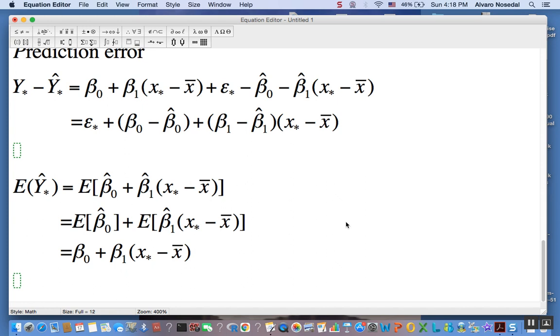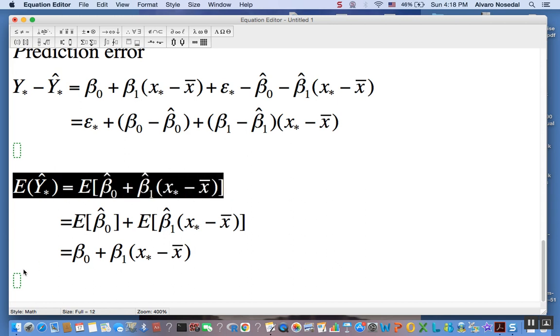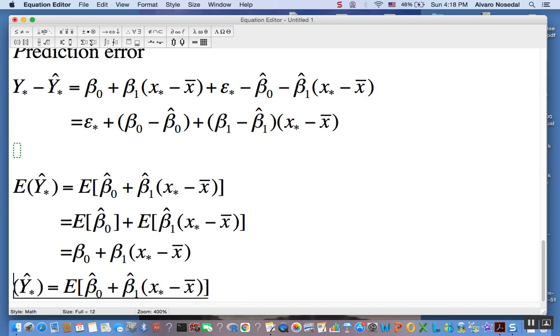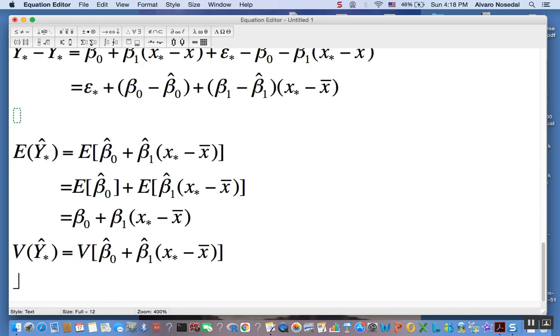Okay, so now let's find the variance of y hat star. Let me copy paste this. So now we have the variance of a sum.